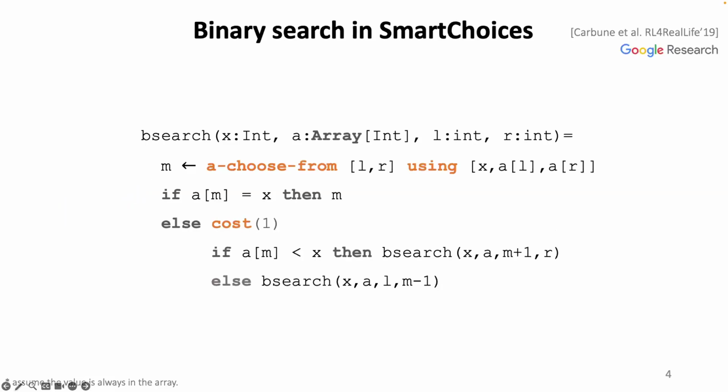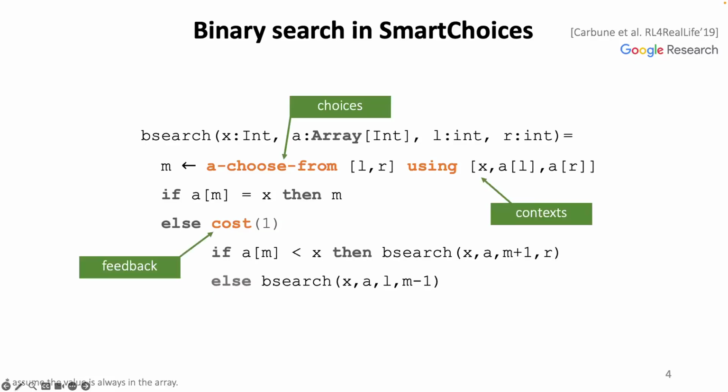In order to capture this kind of choices, SmartChoices is a set of APIs basically used at Google, which can be used to implement binary search like this. These APIs allow programmers to provide choices, contexts, and feedback to the underlying server.